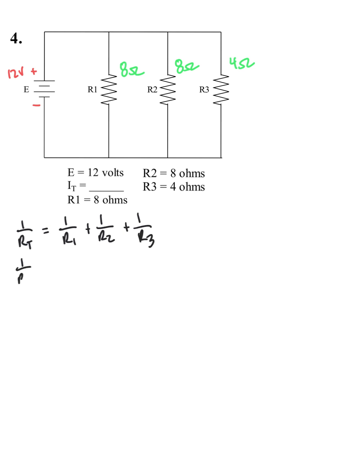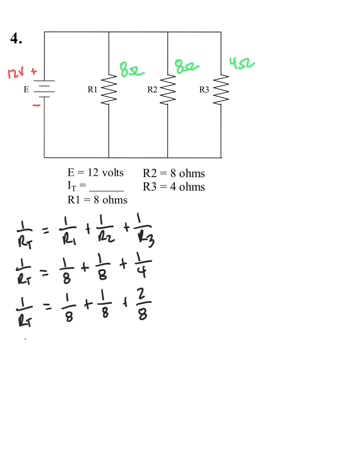So I'll plug those numbers in. And we'll have to find a common denominator. In this case, 8 is what we got. So the first two will stay the same because 4 and 8 will both go into 8.